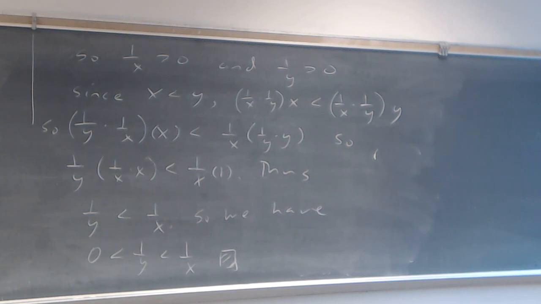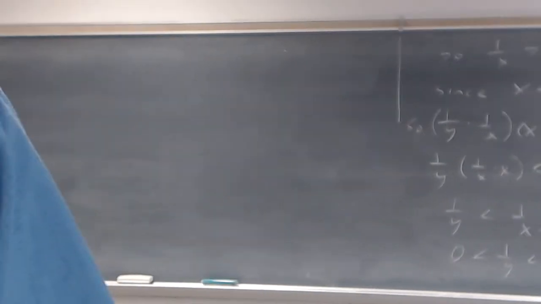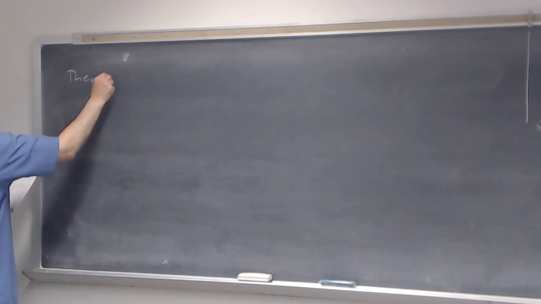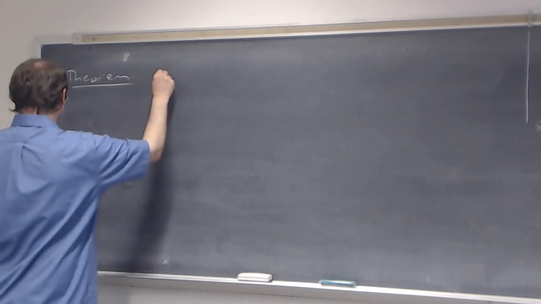Next thing I want to do is just write up a fact. And that fact is something we won't prove. And here it is. It's a theorem about the real numbers. Here's what it says.